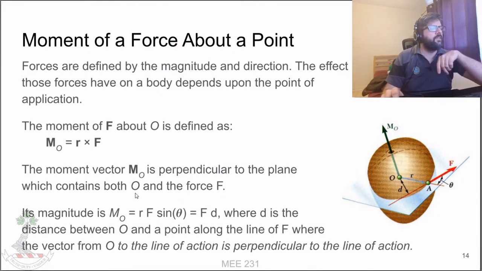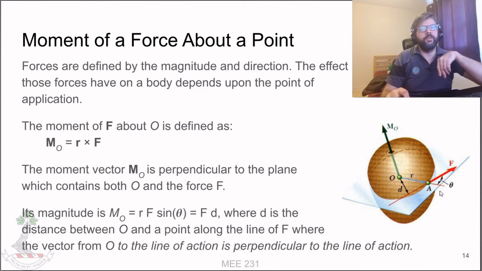So the magnitude of that is just the magnitude of this distance here from origin to the point of application times the magnitude of the force times sine of the angle between the force being applied and the vector.